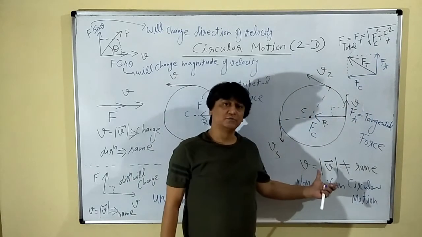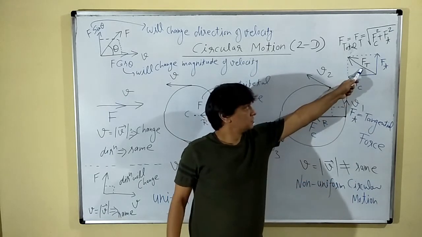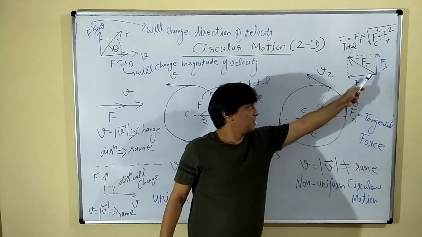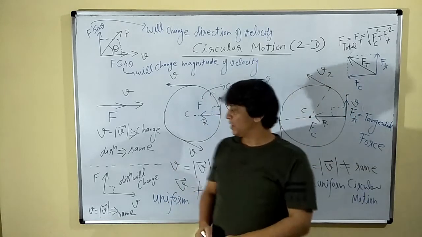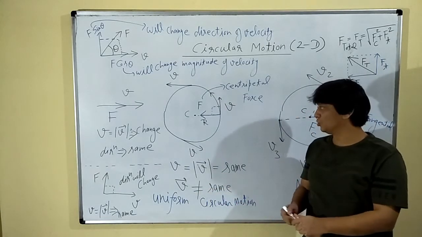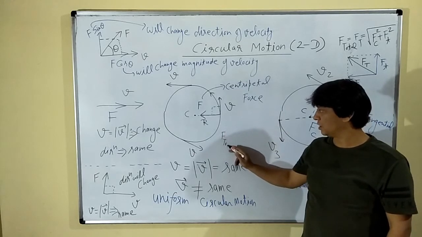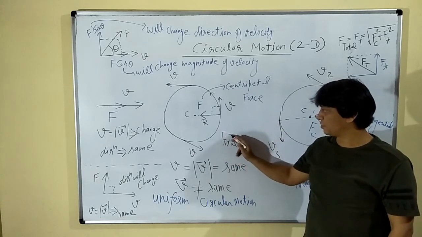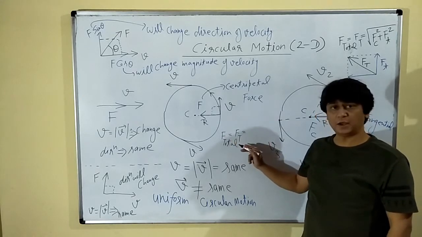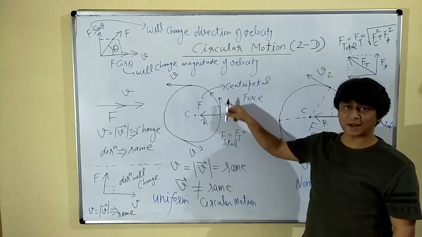In non-uniform circular motion, total force has two components, centripetal and tangential. Whereas in uniform circular motion, if I ask you what is F total, आपको पता है कि इस सिचुएशन में there is no force in this direction.